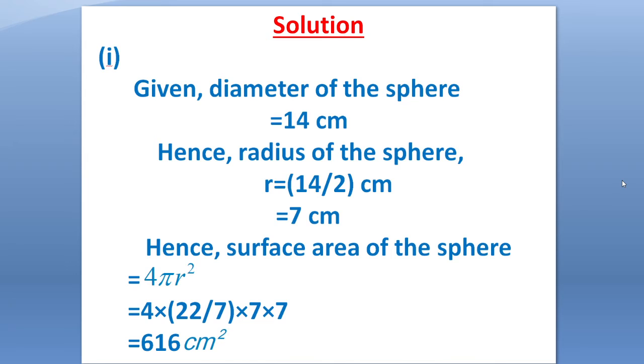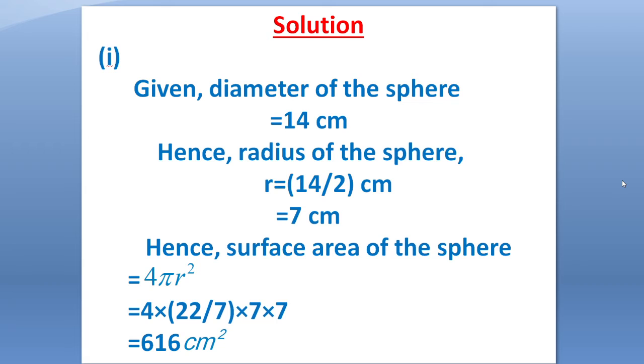So given diameter of sphere is 14 centimeter. Hence radius of the sphere r is equal to 14 divided by 2 centimeters. So 14 by 2 is equal to 7 centimeter. Hence surface area of the sphere is equal to 4 pi r square is equal to 4 into 22 by 7 into 7 into 7.